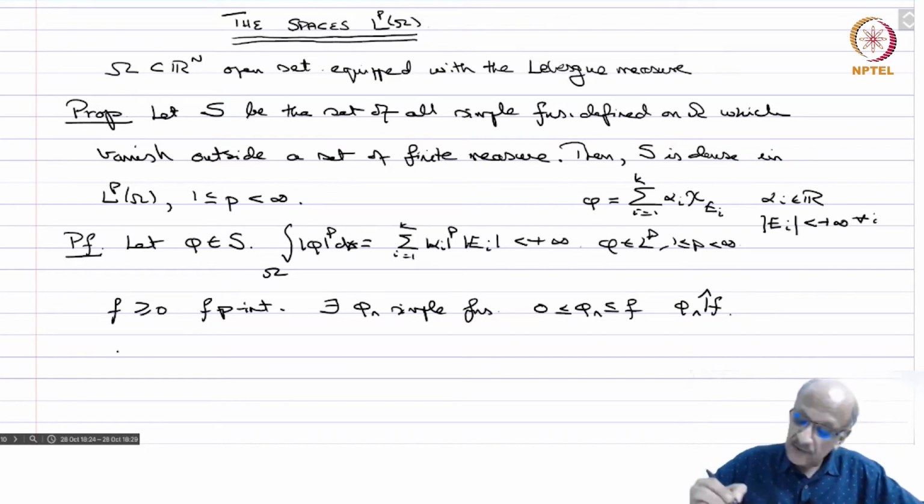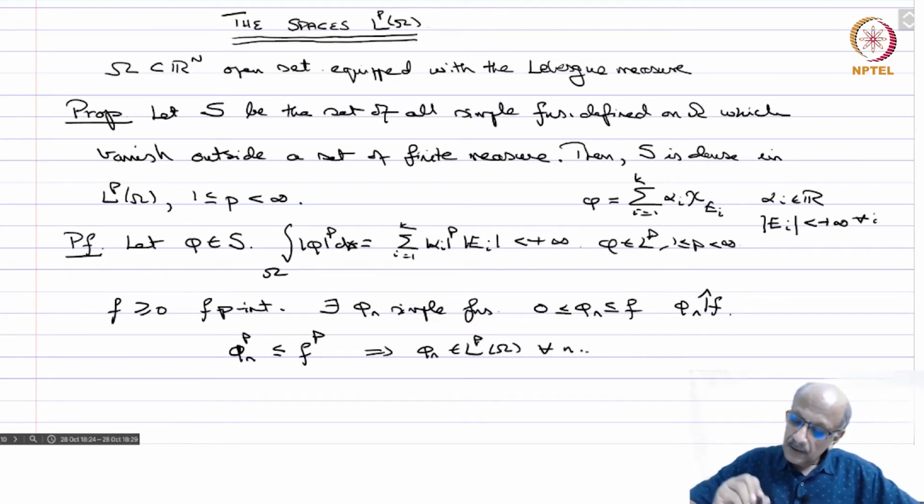This means that automatically φ_n^p is less than or equal to f^p. Everything is non-negative, so I don't have to put the modulus. So the integral is also finite. So this implies that φ_n belongs to L^p of Ω for all n.